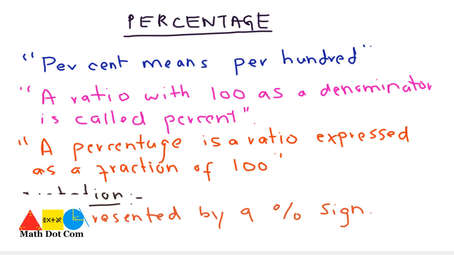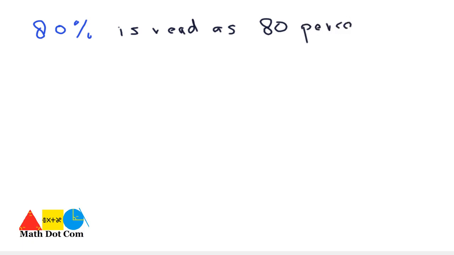For example, if somewhere it is written as 80%, how do you read it? It is read as 80 percent, or 80 by 100.